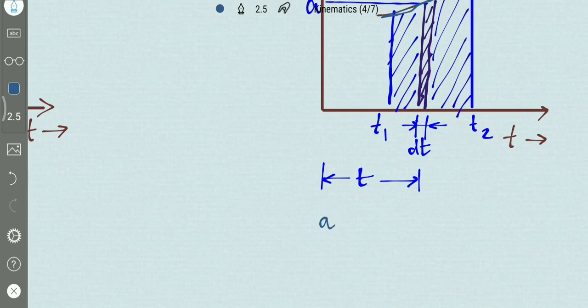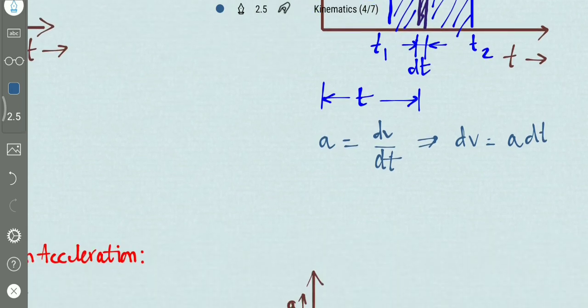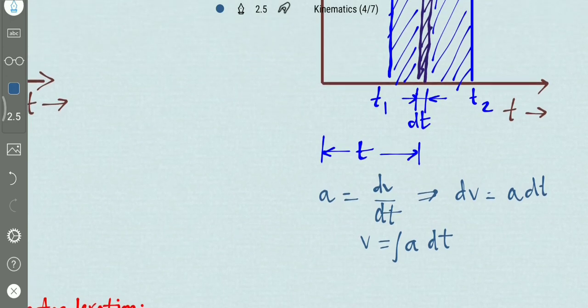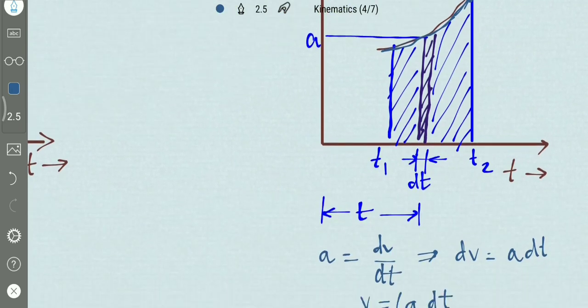In the last curve we have seen acceleration is equal to dv by dt, dv is equal to a into dt, v is equal to integral a into dt. Since we study only up to the rate of change of velocity, we are not finding any slope here. We have seen rate of change of displacement is velocity and rate of change of velocity is acceleration, and we do not study rate of change of acceleration.